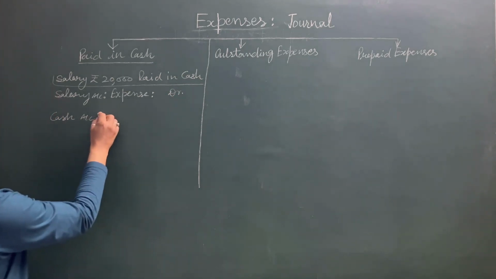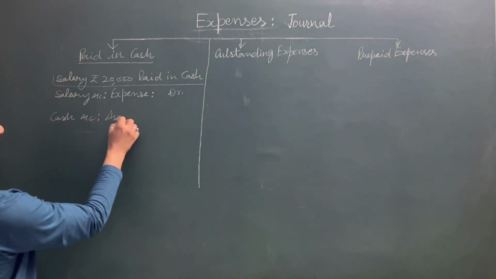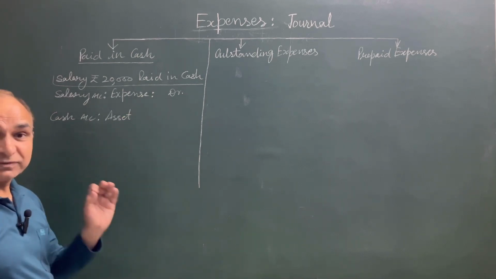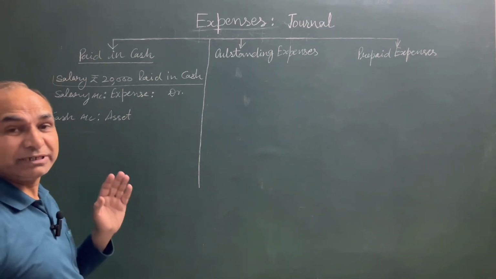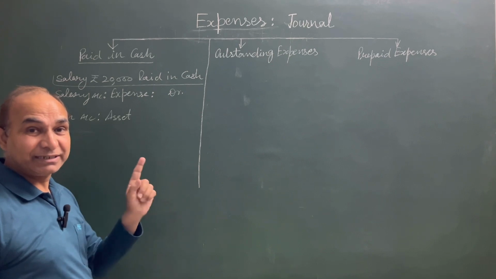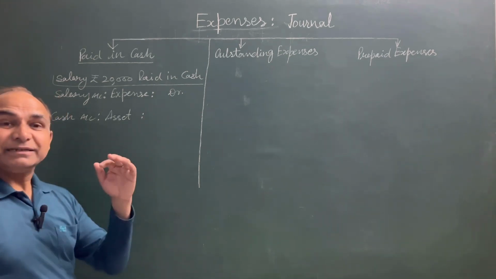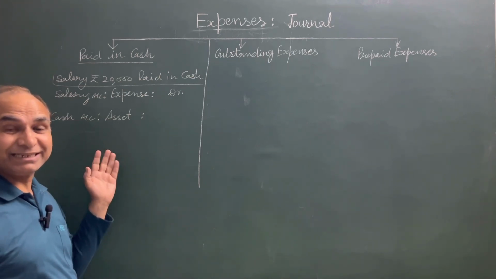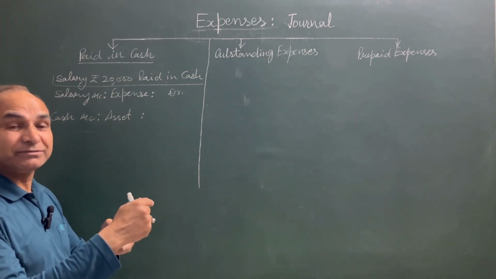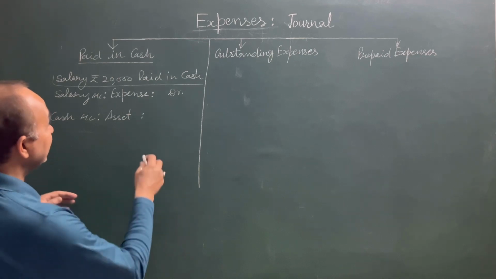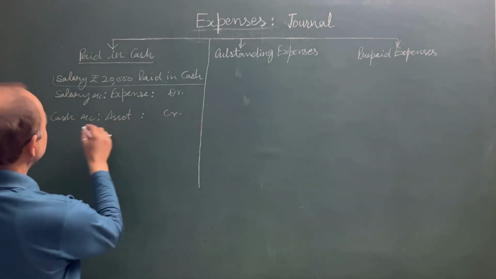And cash is what? Cash is an asset, and this falls in real account. Debit what comes in, credit what goes out. When cash is coming in, it is debited, but now in this case cash is going out because we are making payment in cash, so it will be credited.